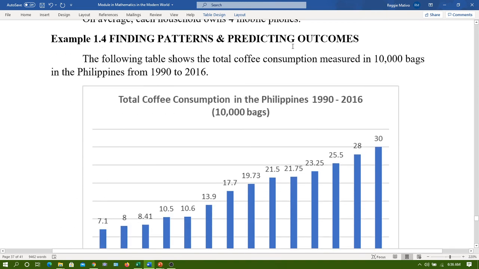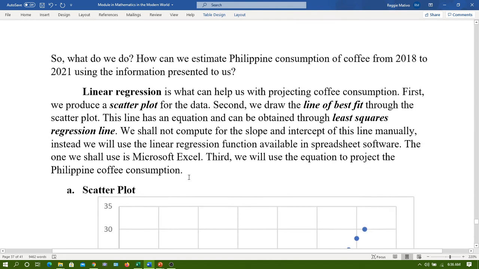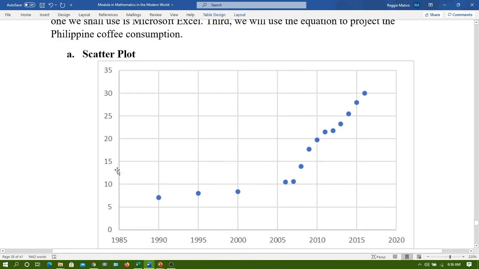And then for finding the pattern and predicting outcomes, we can use linear regression, and there are 3 steps: create the scatter plot, draw the line of best fit, and use the equation to project the Philippine coffee consumption.